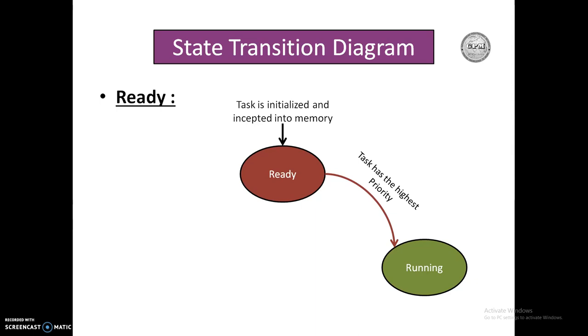As shown in the figure, for a kernel that supports only one task per priority level, the scheduler picks up the highest priority task to run next. If the running task no longer has the highest priority, then it will again go back to the ready state.